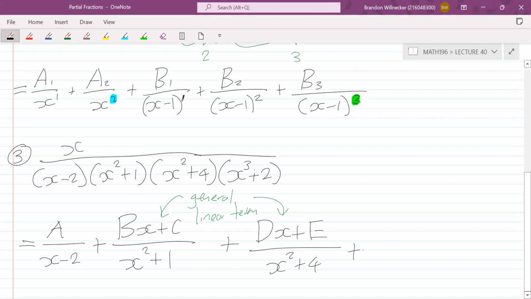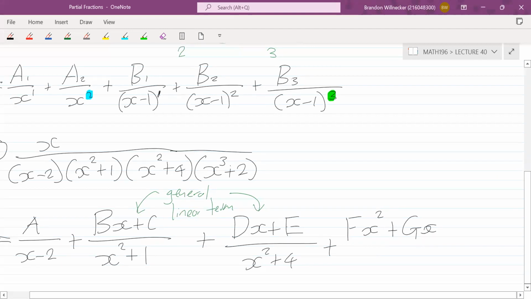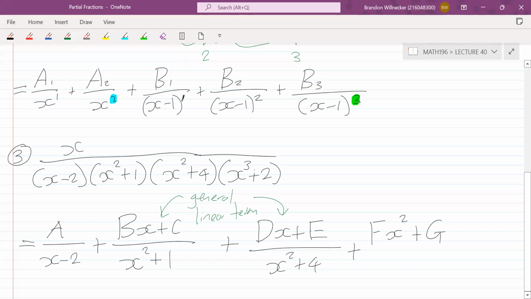Now for the next term, it's x cubed plus 2. That's cubic, which means the top has to be 1 degree less. So it's going to be a general quadratic term. So it would be Fx squared plus Gx. Sorry, that's an x up there.